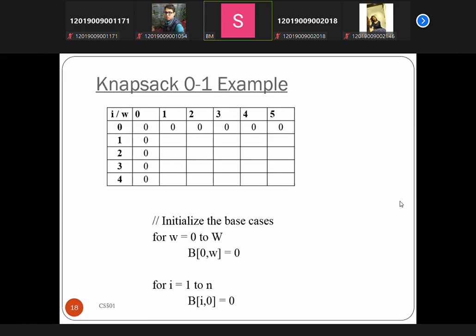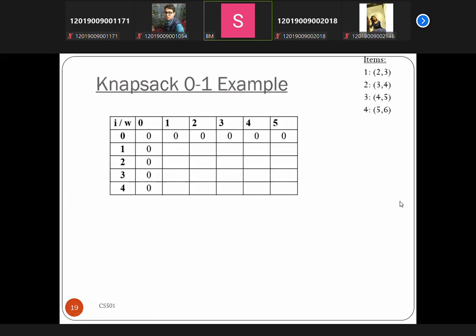Next, what you need to do is fill up all these positions. How will you do it? My items are these. So take the first element where weight is 2 and profit is 3. Where can I put it?